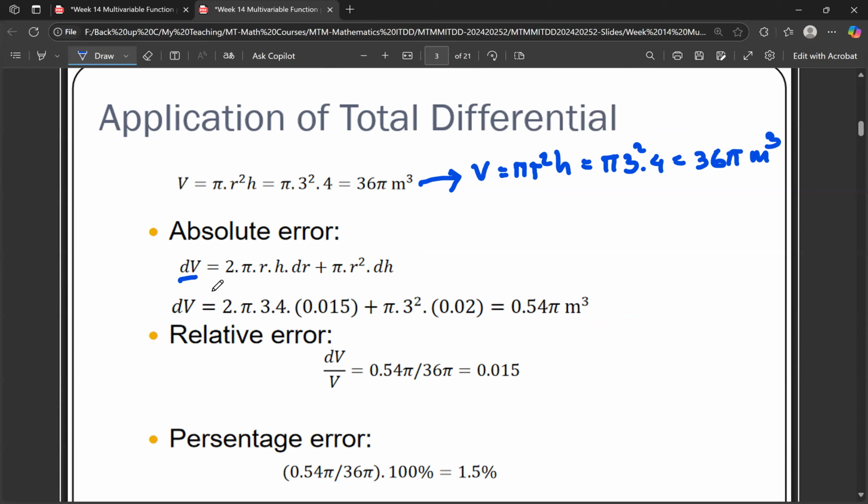And then if we calculate the absolute error, it means that we use total differential.